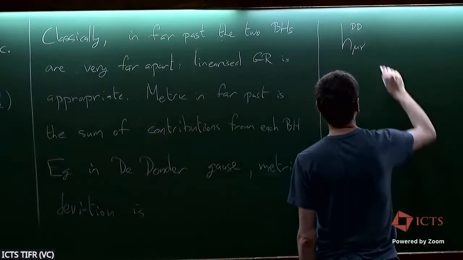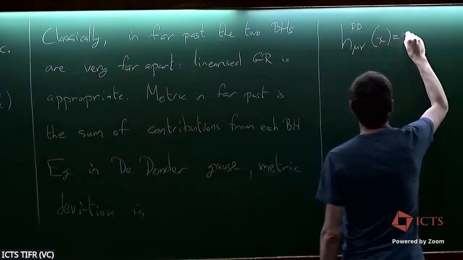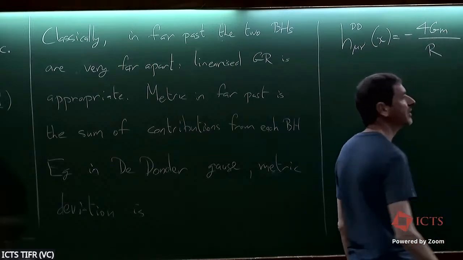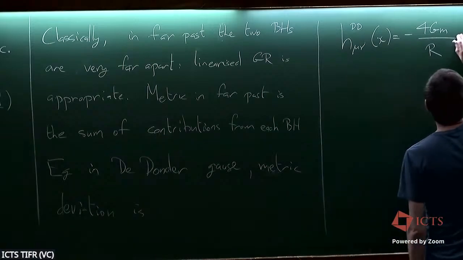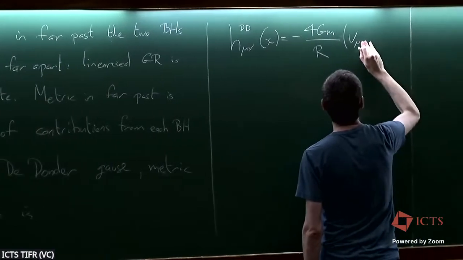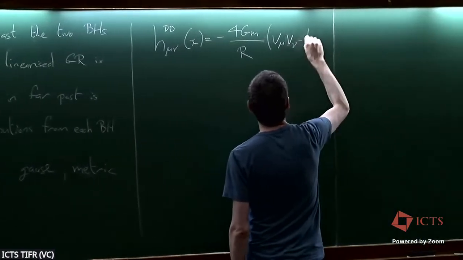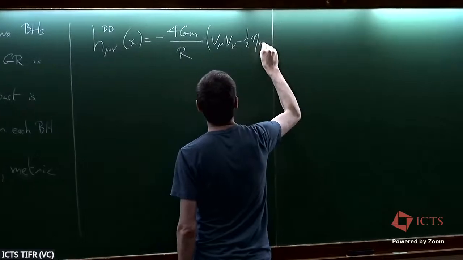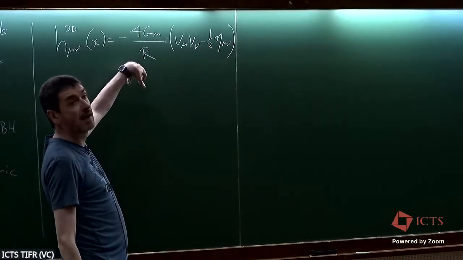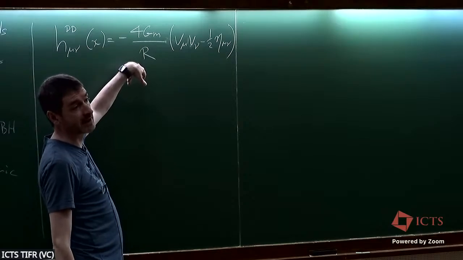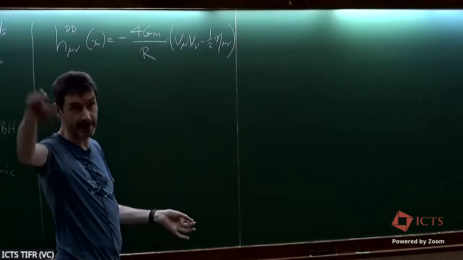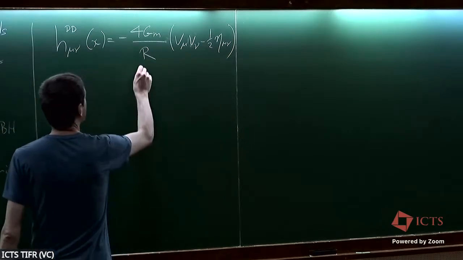Well, the formula is minus 4 G m over a capital R times the relevant projector, v mu v nu minus eta mu nu over 2. Okay, so the R here is the spatial distance between where the black hole is and whatever the position x is in the rest frame.